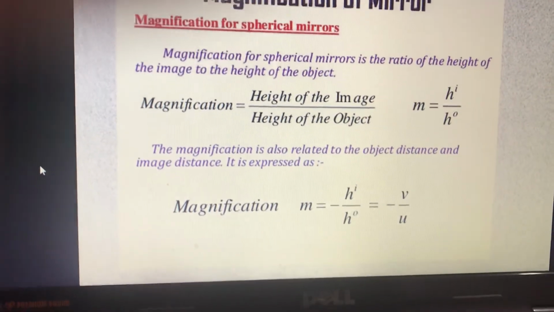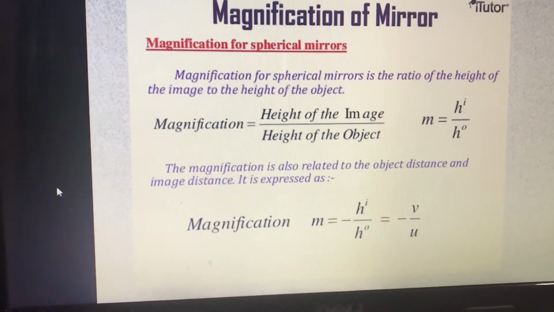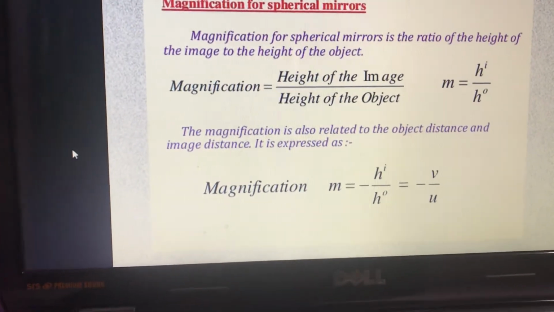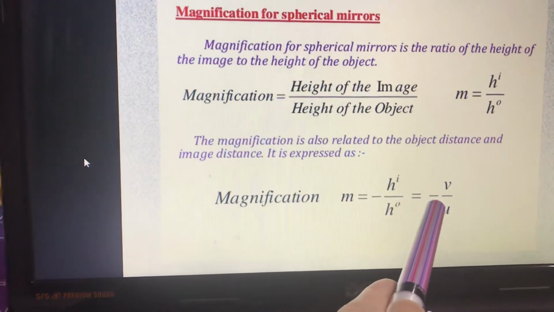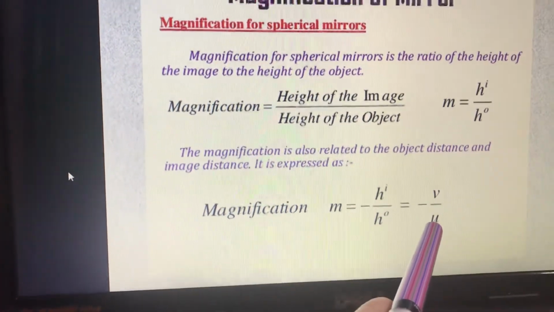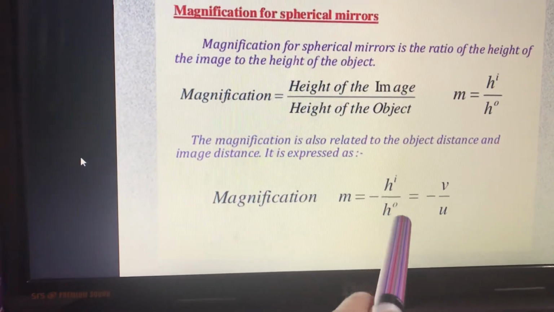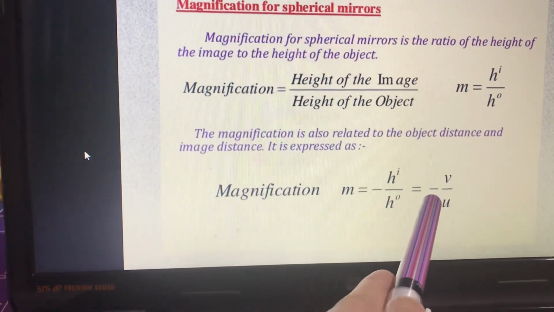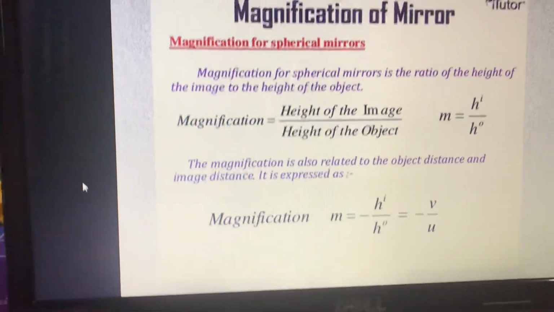So by this formula we can find the magnification produced by the mirror, right? Or it is also given by the formula minus v upon u. You remember this one also, m is equal to hi upon ho, or it is also equal to minus v upon u, right?